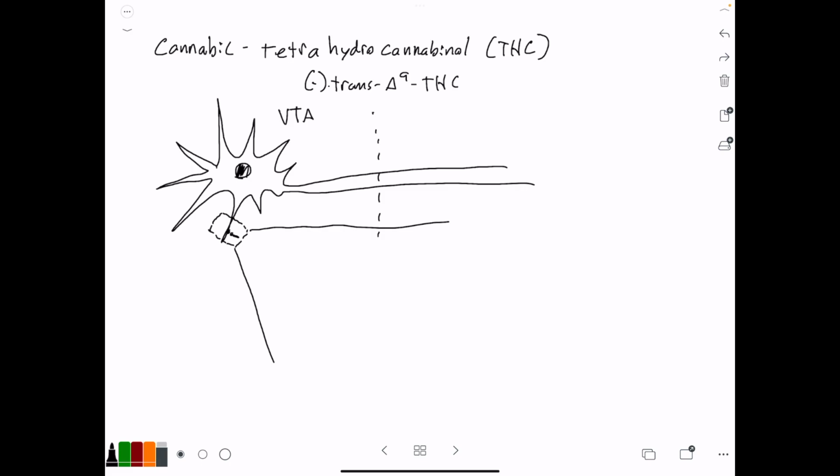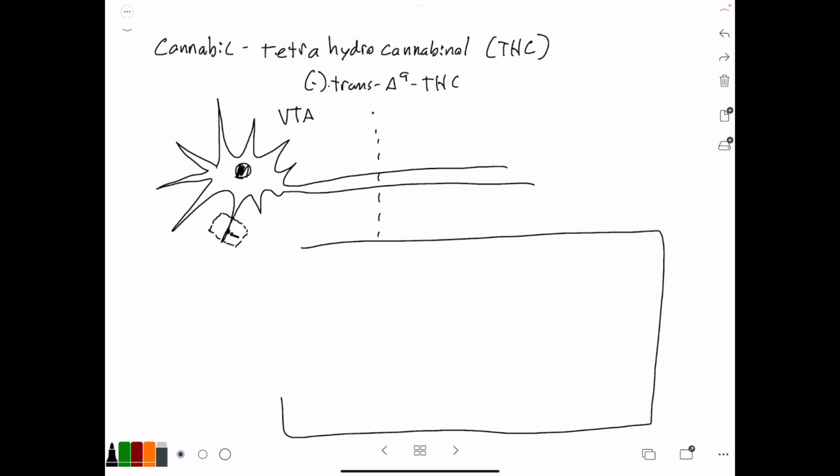So I'm really botching this here. Let me draw this big window. And what are we looking at on this little window here, on the dendrite of our VTA neuron?